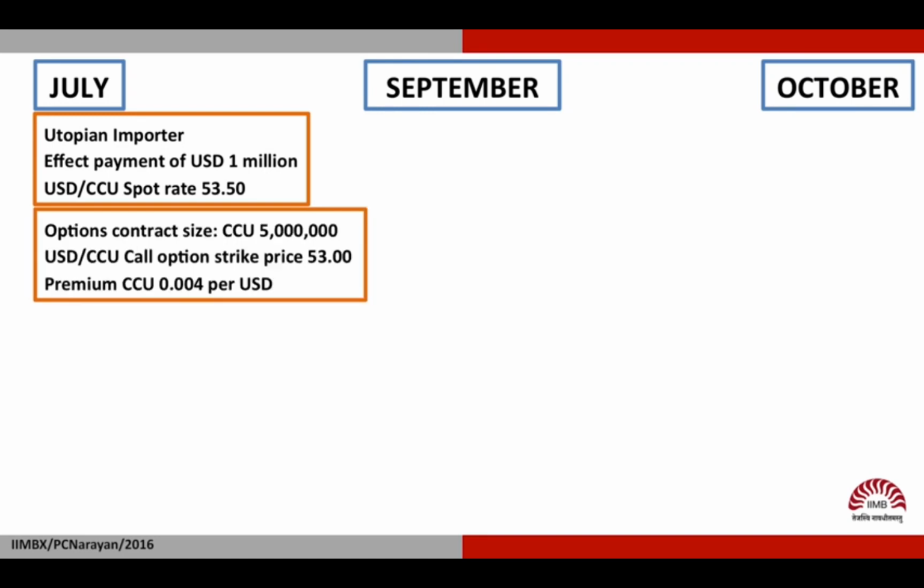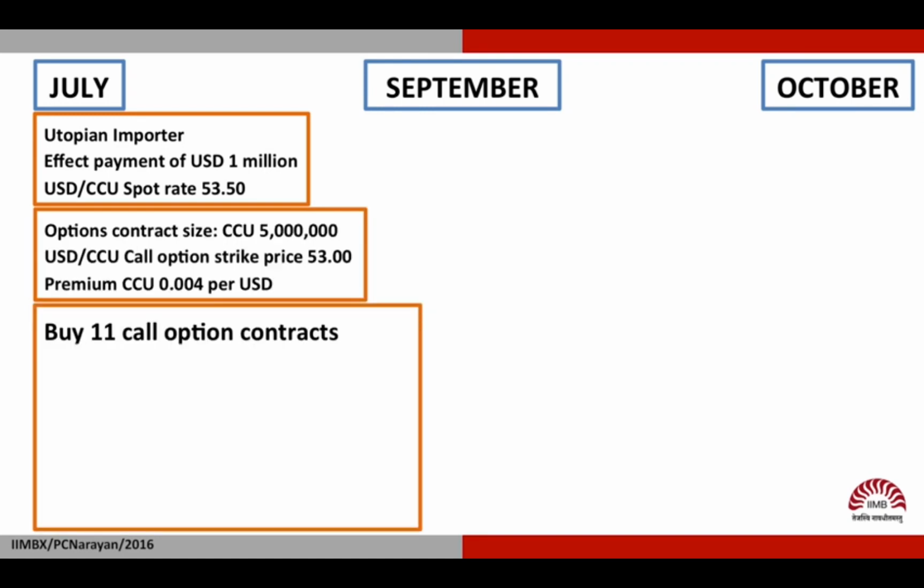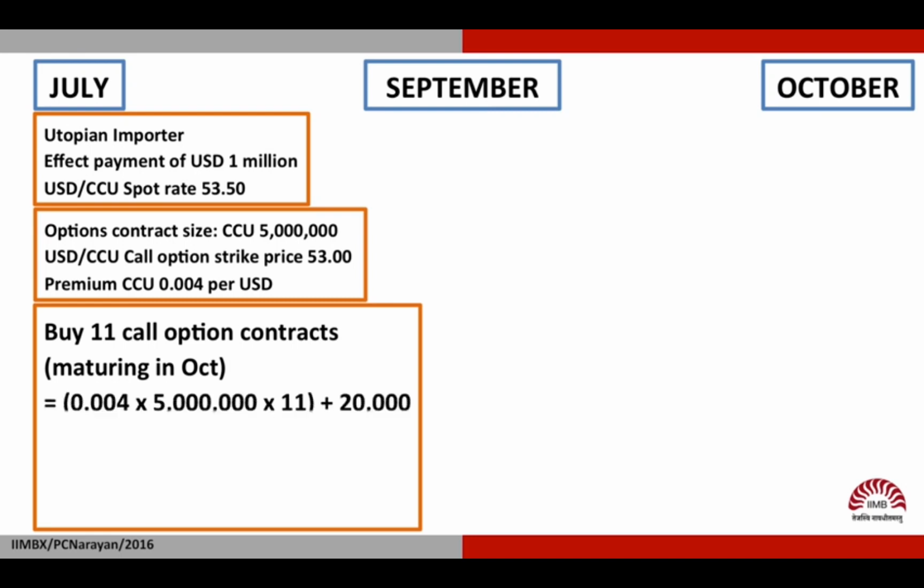Therefore, the Utopian importer will buy 11 call options contracts on the options exchange maturing in October at a premium of 0.004 into 5 million into 11 plus a brokerage of 20,000 CCU, which totals up to 240,000 CCU.